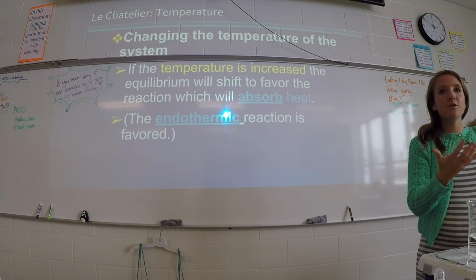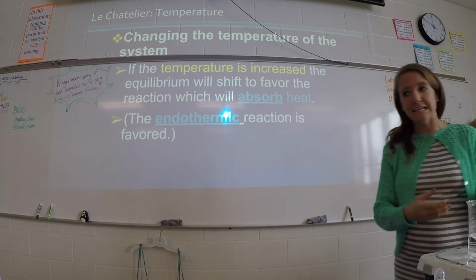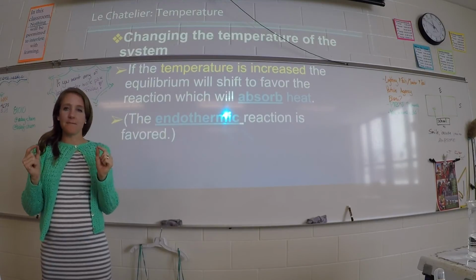So the first thing we need to review is how we know whether a reaction is exo or endothermic, because it will change depending on the type of reaction that it is, okay?